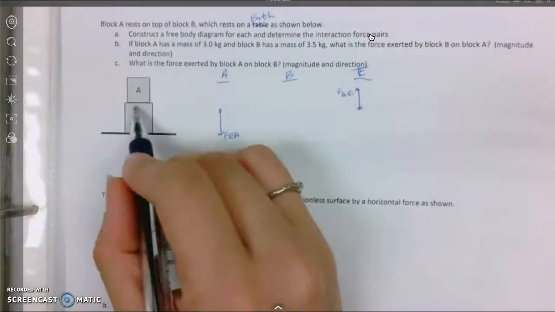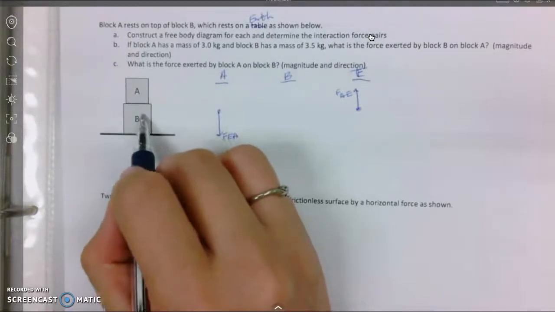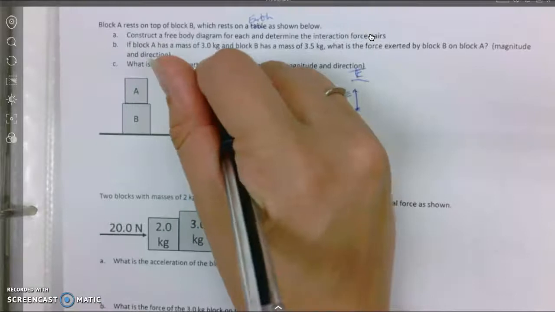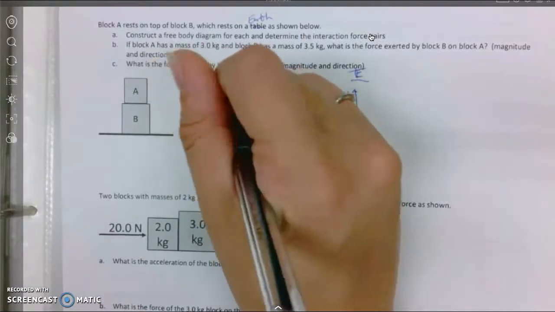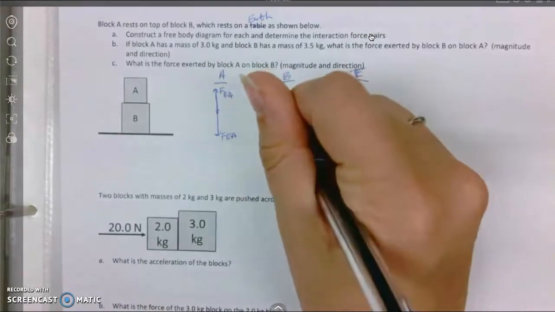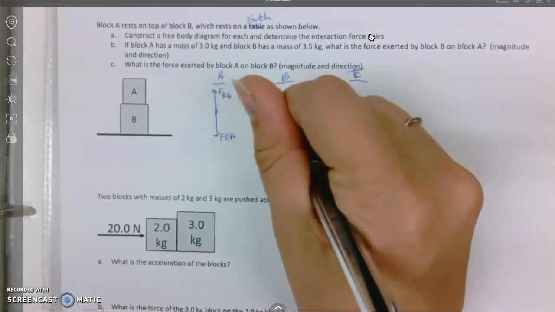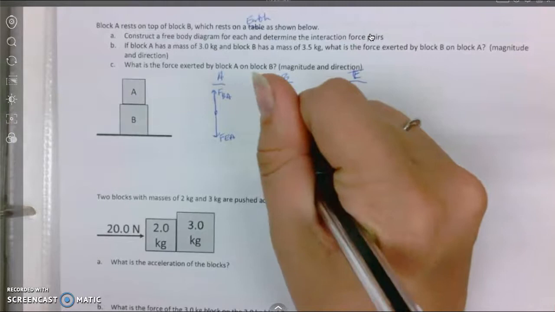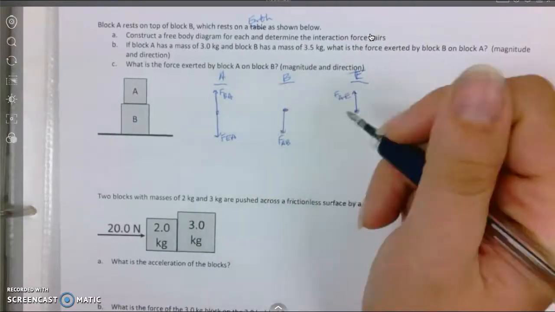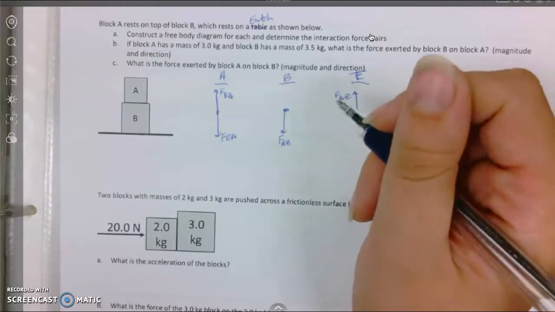That surface normal force. Okay, so the force of B on A, which also means that we have the force of A on B. Okay.